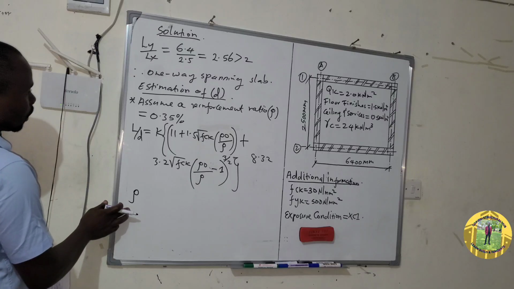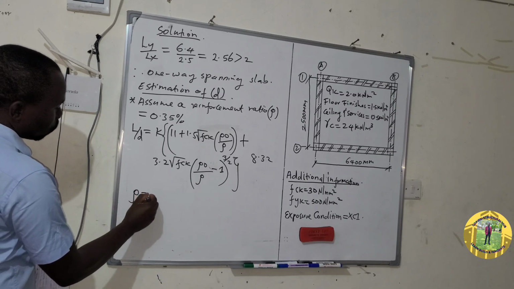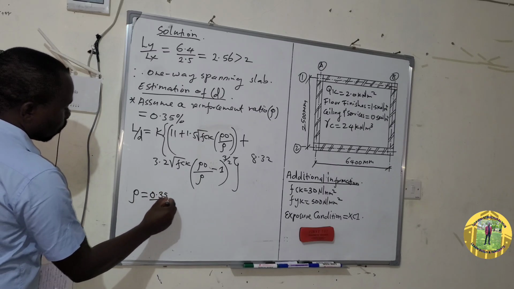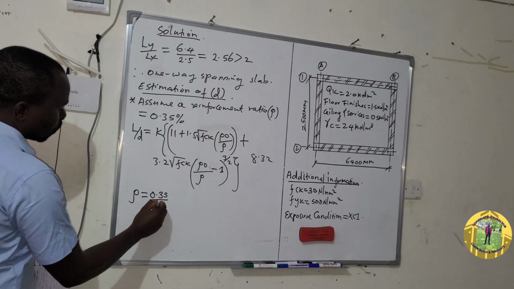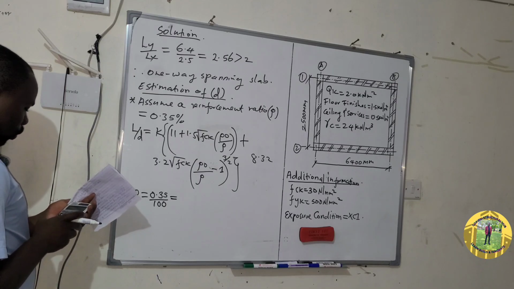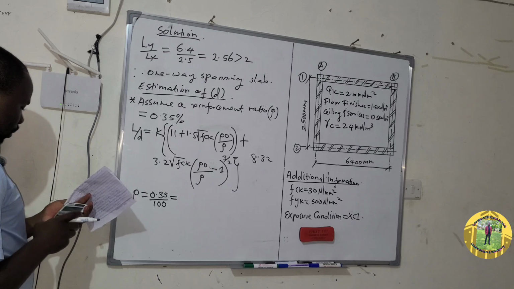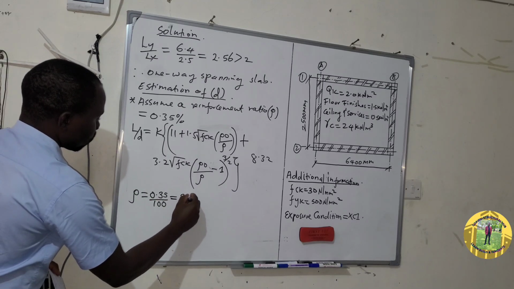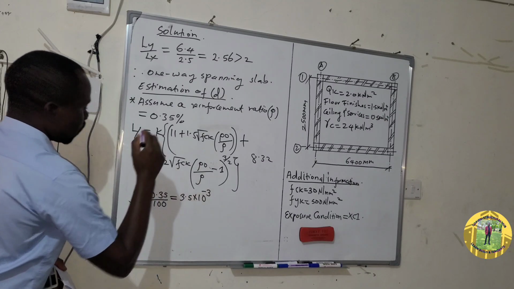This one we have seen, this one is the assumed reinforcement ratio, which is equal to 0.35. Convert it into fraction, so you divide it by 100. This one will give us 0.35 divided by 100, 3.5 times 10 to the power negative 3.